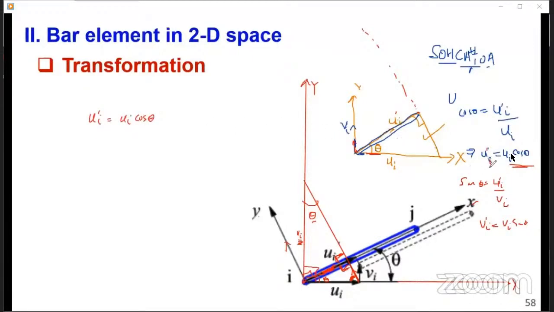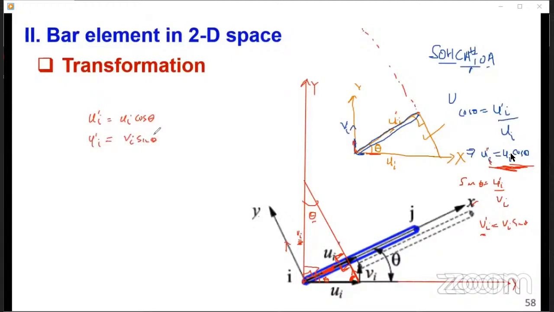Of course, this is the one that I've brought to this side, and now we can bring the other one here, okay? The vertical component. So we are saying again, U prime I is equal to VI sine theta.